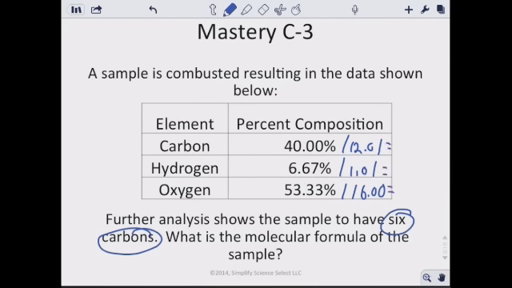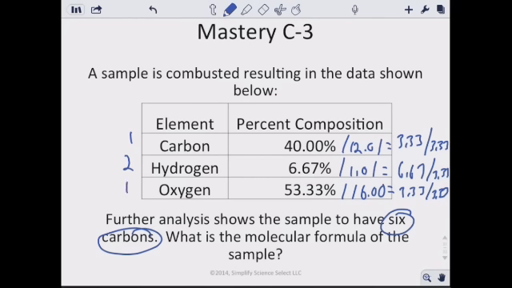Our moles are going to be 3.33 for carbon. Hydrogen is going to be right around 6.67, and oxygen is right around 3.33. The smallest number is 3.33, so we divide each one by 3.33. And we see that we get a 1, a 2, and a 1.